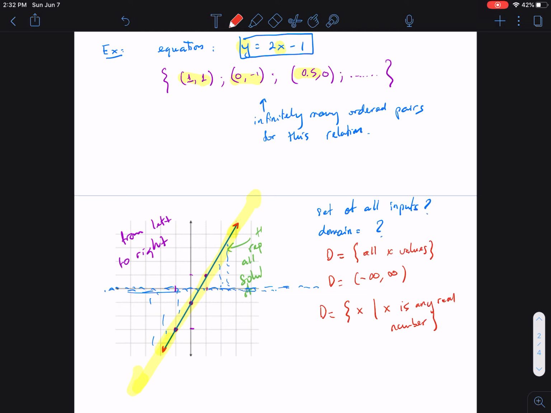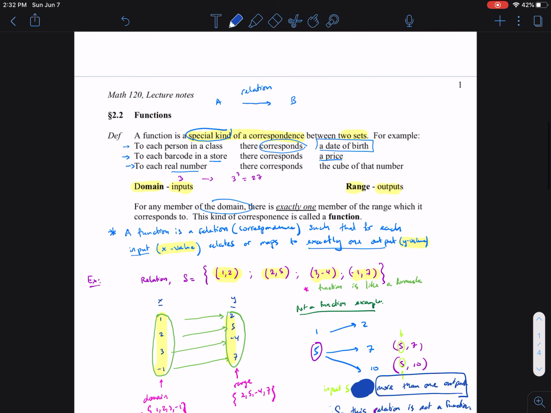In other words, the domain is the entire x-axis here. It's the same thing for the range, so there's no restriction there. The range is y, where y is any real number.